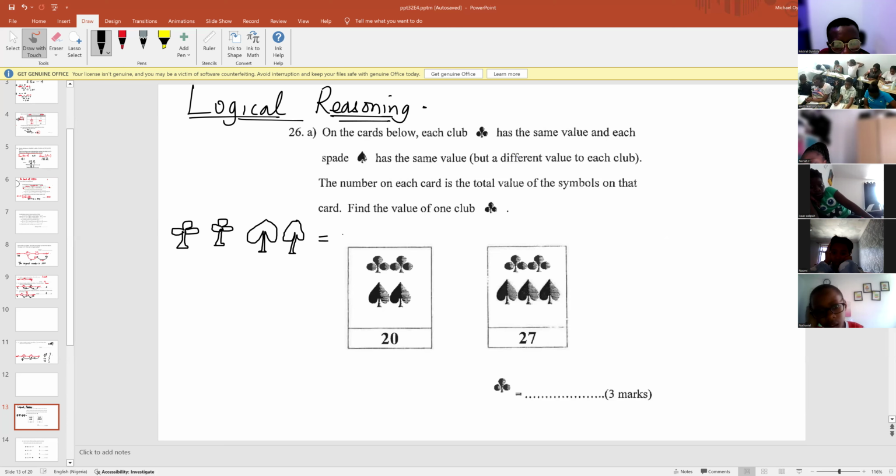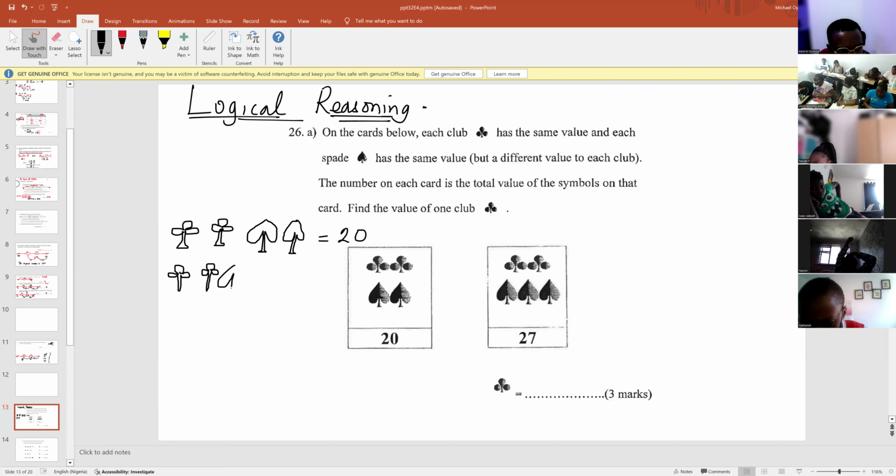So 2 spades and 2 clubs equals 20. Also, 2 clubs and 3 spades equals 27.